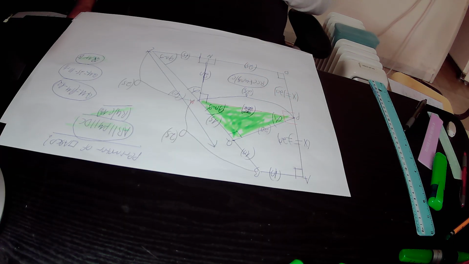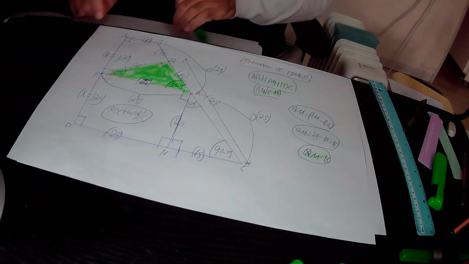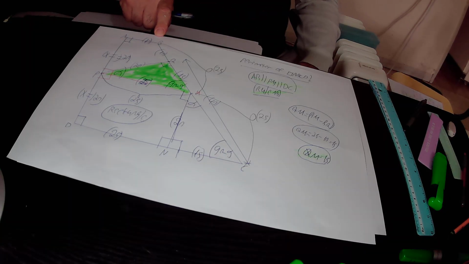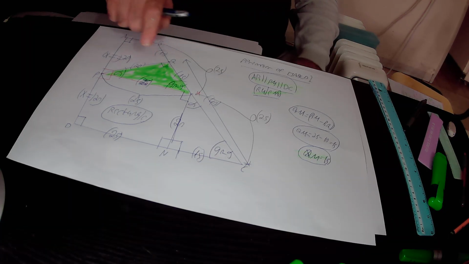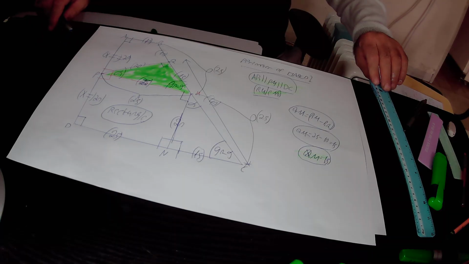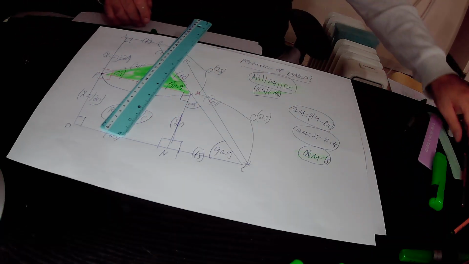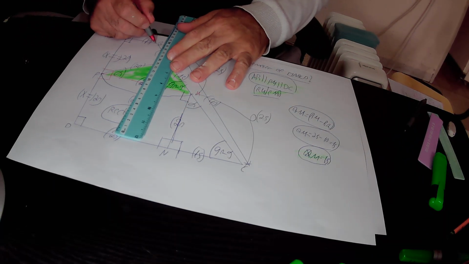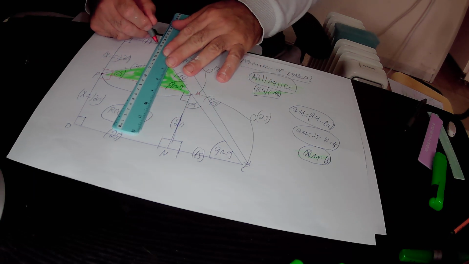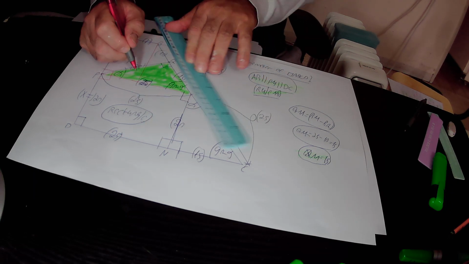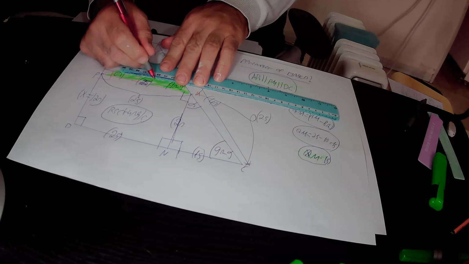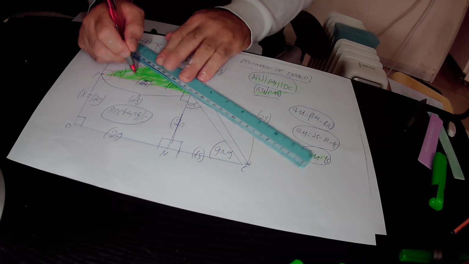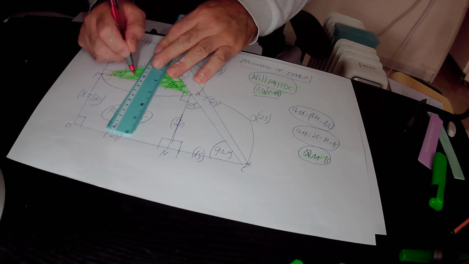In the second method, we will do another thing. From this point B, we will draw a perpendicular on PM. So this angle equals 90 degrees in its size, and this angle also equals 90 degrees according to our construction.